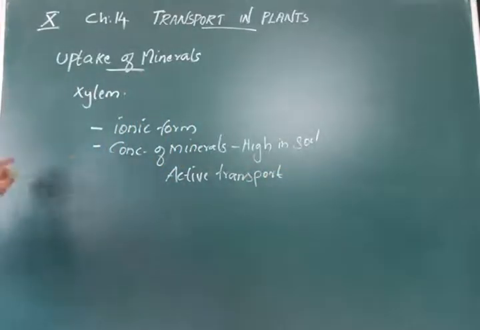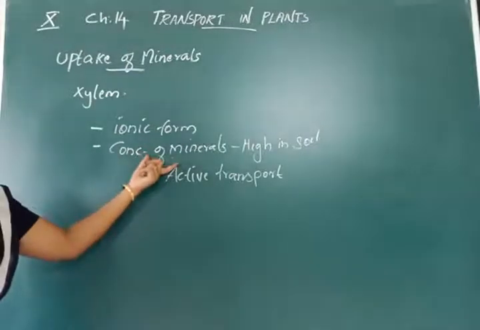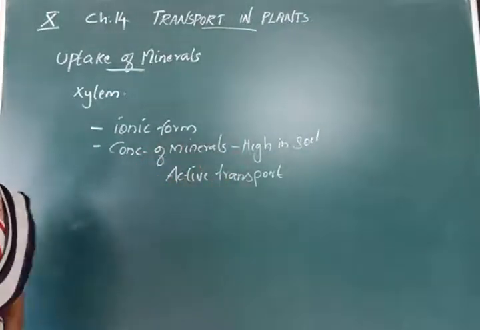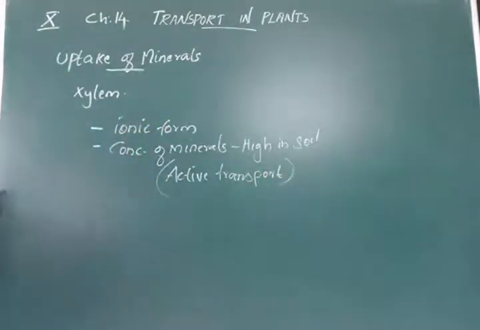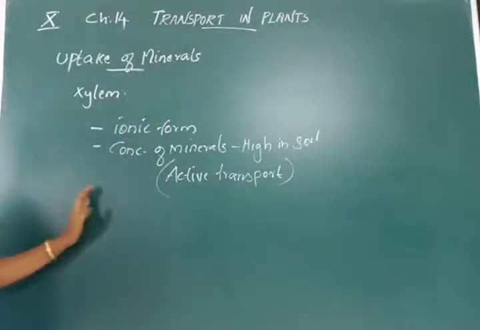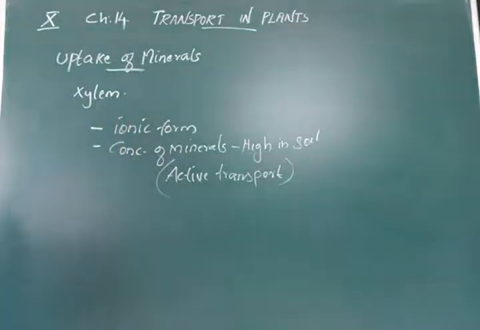So the minerals should be in ionic form in the soil, and their concentration should be high, so that through active transport plants can absorb minerals with the help of root hairs.